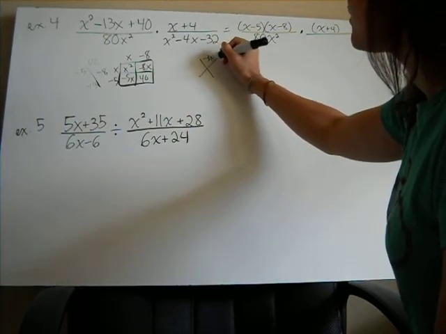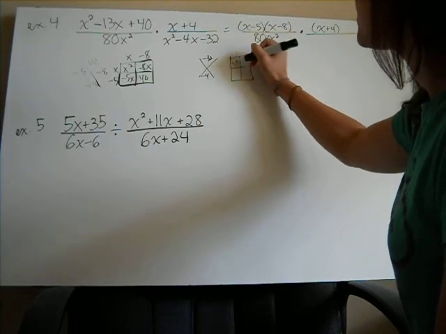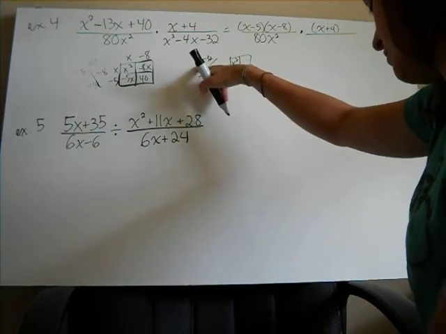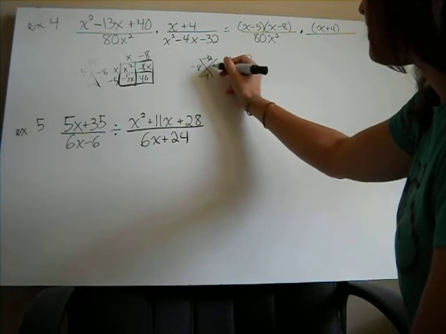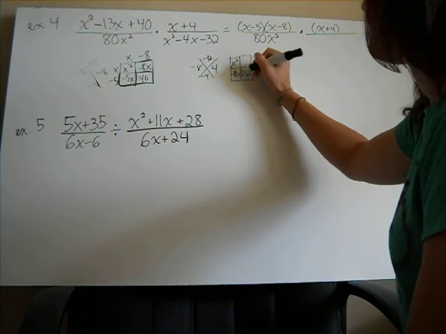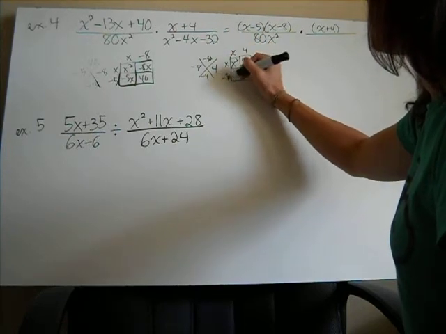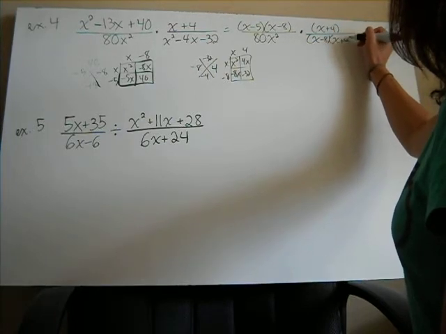So that gives us x squared, negative 4x, negative 32. Factors of negative 32 that add up to equal negative 4 are negative 8 and positive 4. So we have x minus 8 and x plus 4.